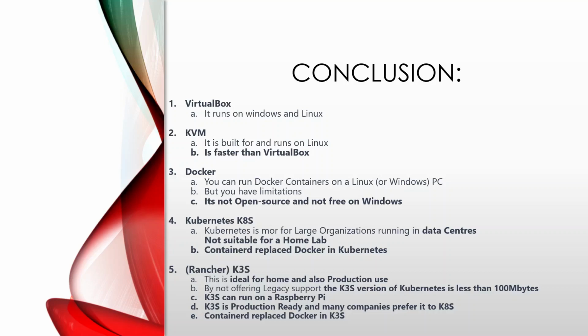Then we found that Kubernetes produced a system for the orchestration of the containers. We also found Rancher K3S produced a much smaller Kubernetes, smaller than 100 megabytes, that could run on the Raspberry Pi, as well as it could be used as a production-grade Kubernetes server.